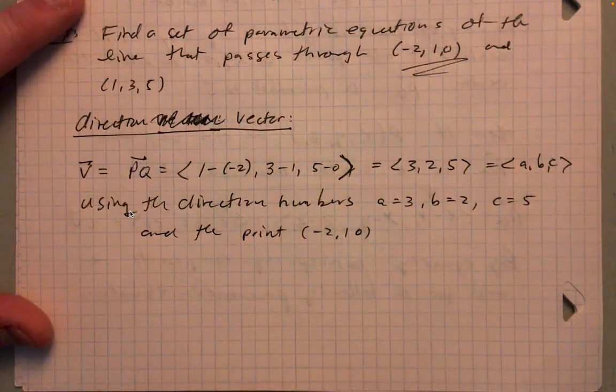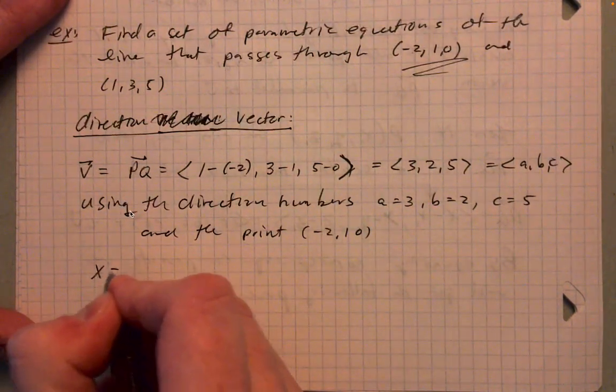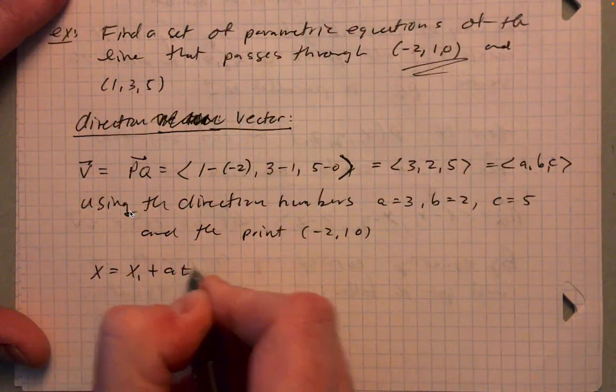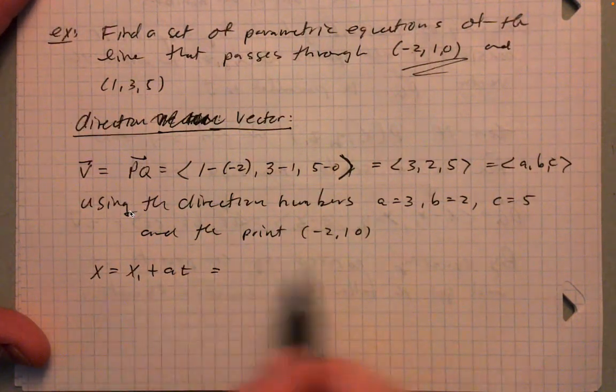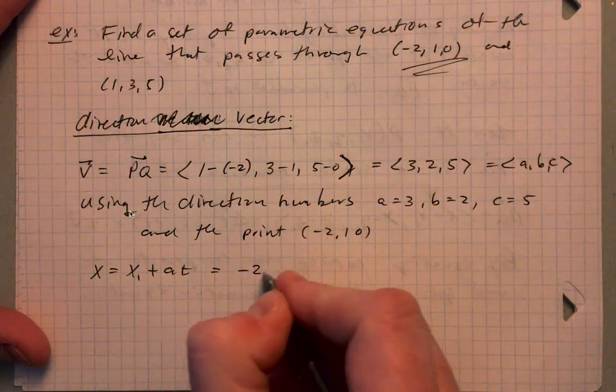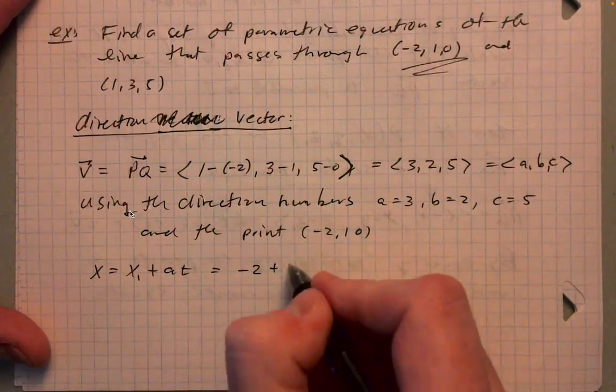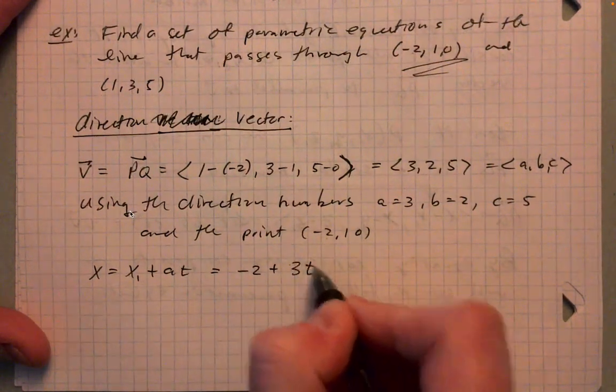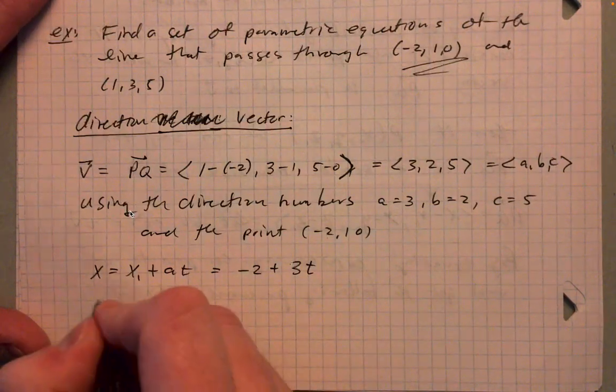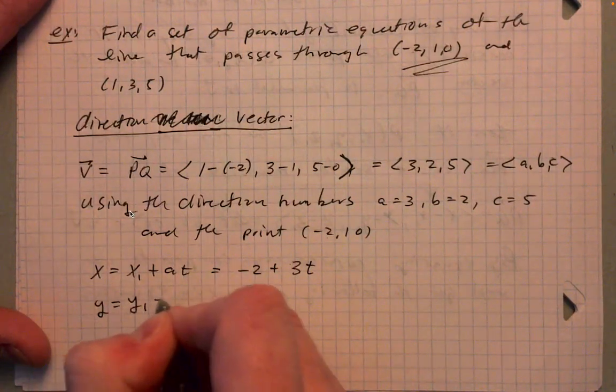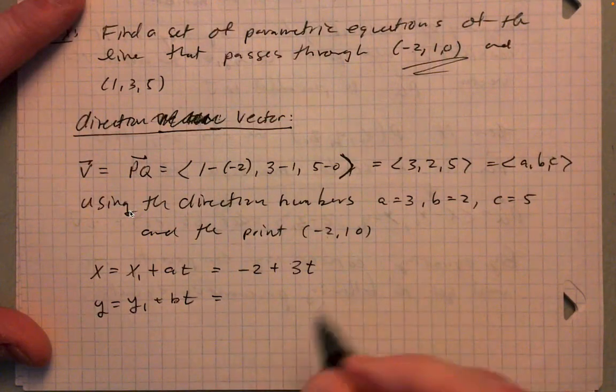So x equals x1 plus at; x1 is -2 and a is 3, so -2 plus 3t. y is y1 plus bt, which is 1 plus 2t.